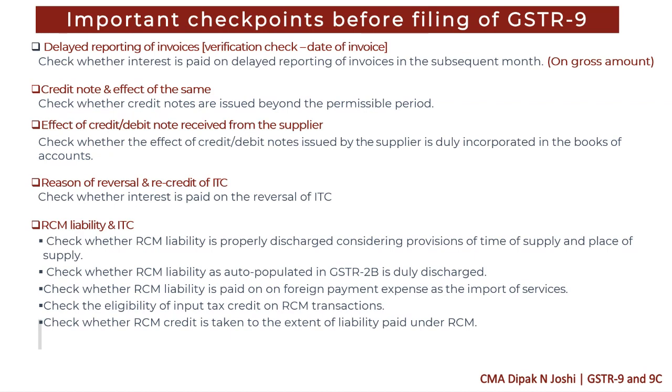Beyond that, no one can report credit note pertaining to financial year 2022-23. So one should check whether all the credit notes which are reported in GSTR 1 are issued well within the timeline which is prescribed under section 34 of CGST Act.